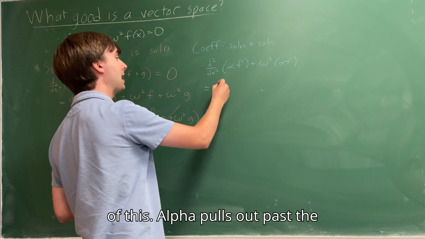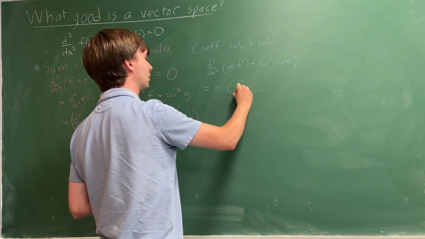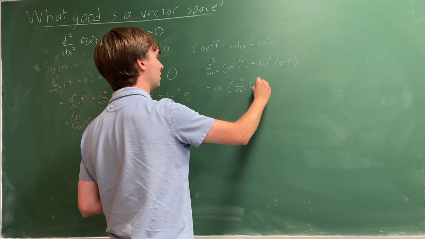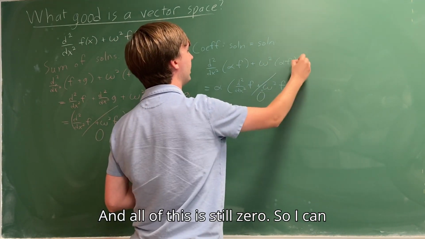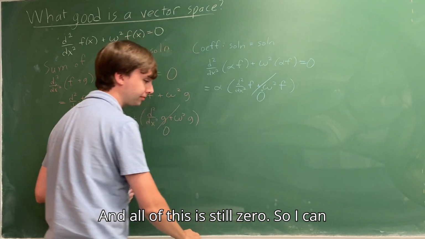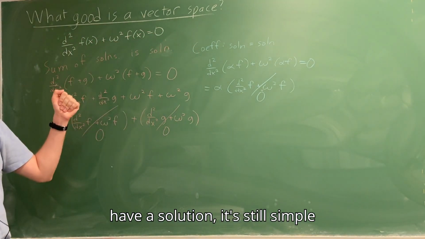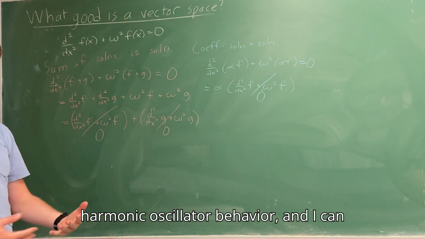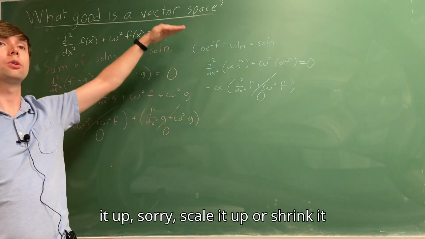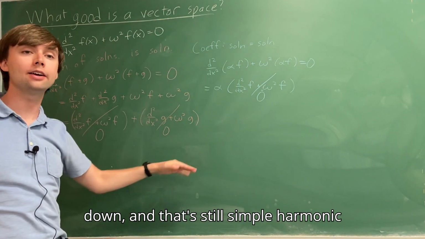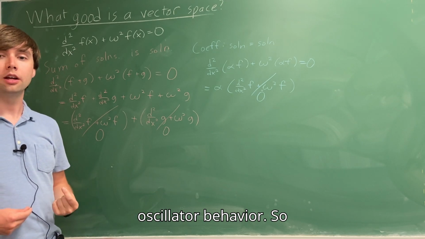Alpha pulls out past the derivative. And all of this is still 0. So I can add my solutions together, and I still have a solution. It's still simple harmonic oscillator behavior. And I can multiply by a coefficient. I can scale it up or shrink it down. And that's still simple harmonic oscillator behavior.